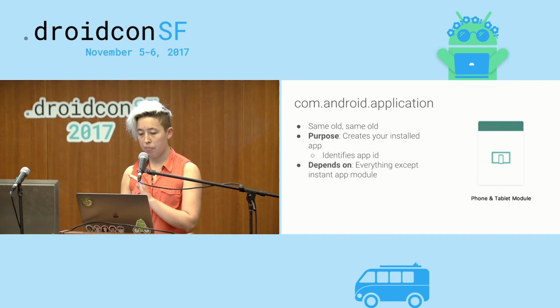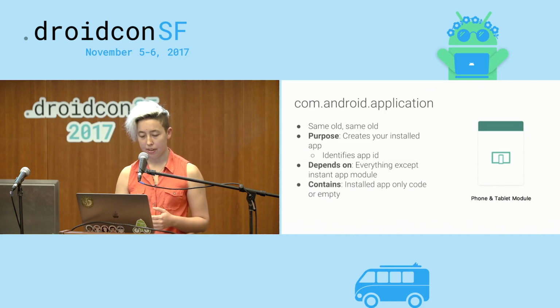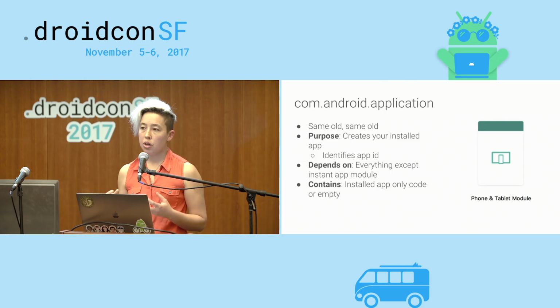And your application module is going to depend on everything except the instant app module, because it doesn't need to include an instant app within it. Okay, and you kind of have a choice here. You could have the application module have app code inside it that's specific to the installed app, or when I was doing these things, I preferred for it just to be empty and its only purpose be to make the installed app.